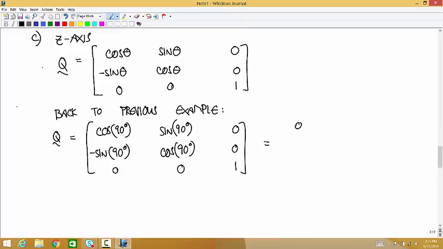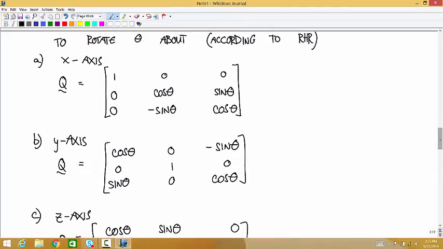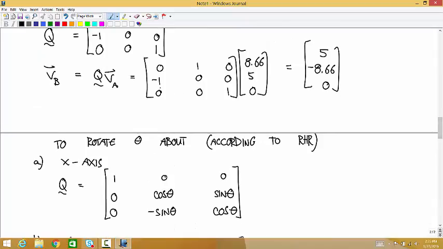So you get 0, 1, 0, -1, 0, 0, 0, 0, 1. And that's hopefully what we got. That is what we got by thinking about it the more general way.